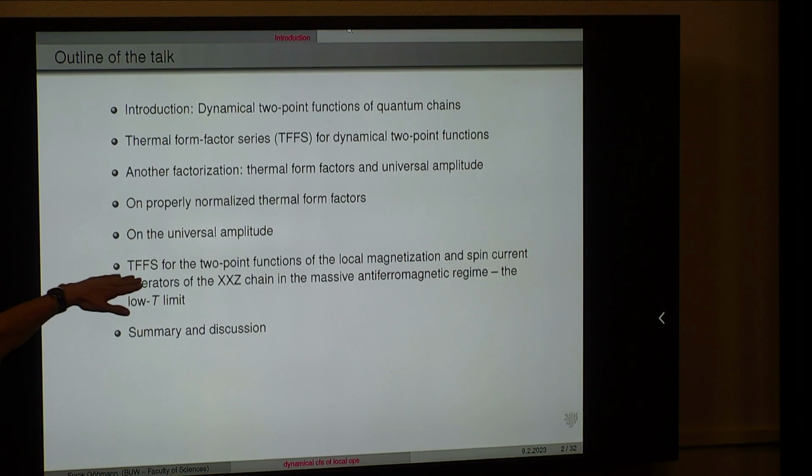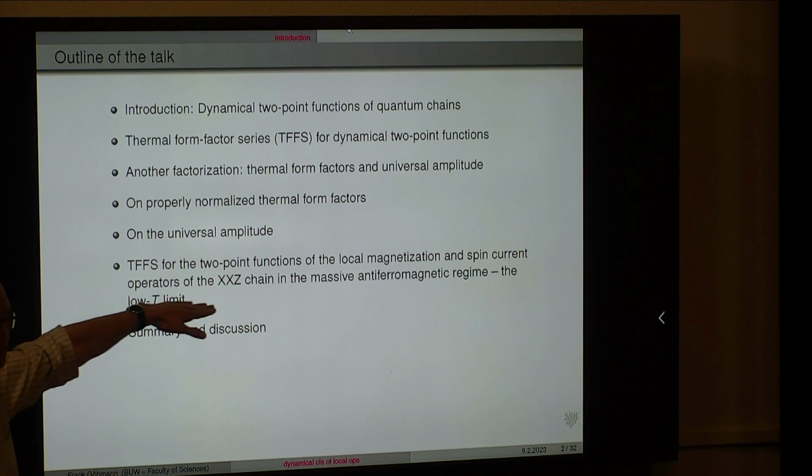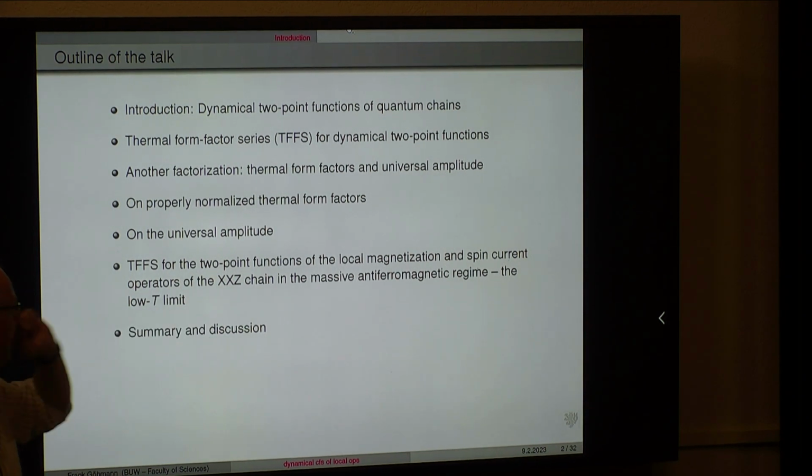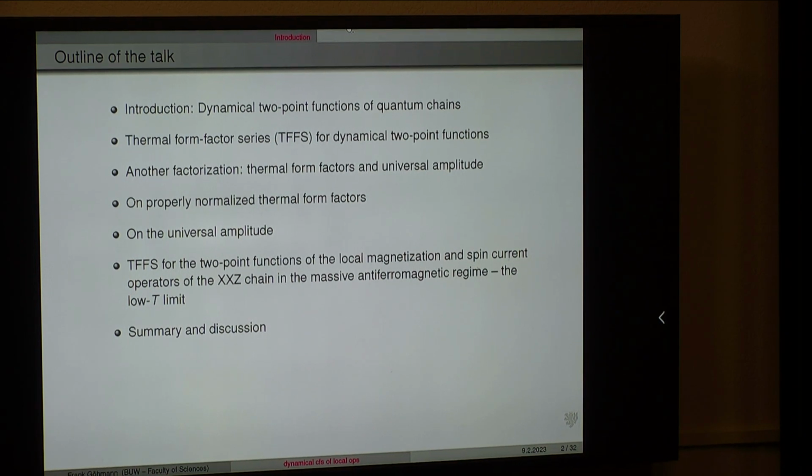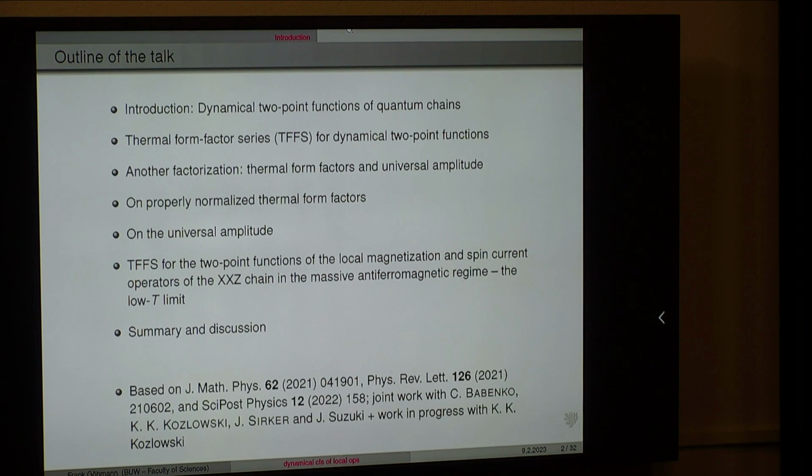And so this allows us to look at the XXZ chain in the massive antiferromagnetic regime, so delta larger than 1 in my normalization. So this is where you have the two Ising-like degenerate ground states. And then I'll summarize. Of course, I didn't do this alone.